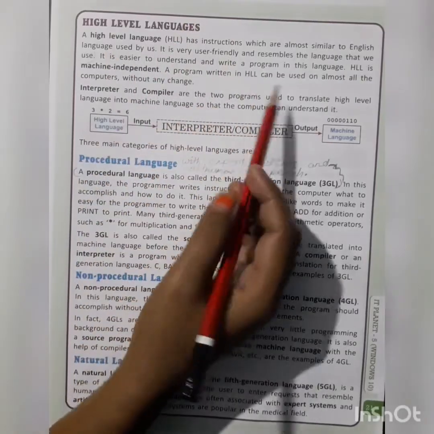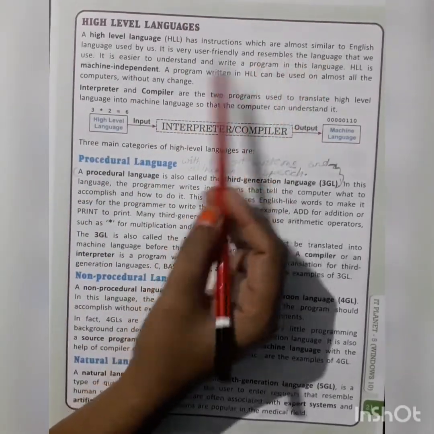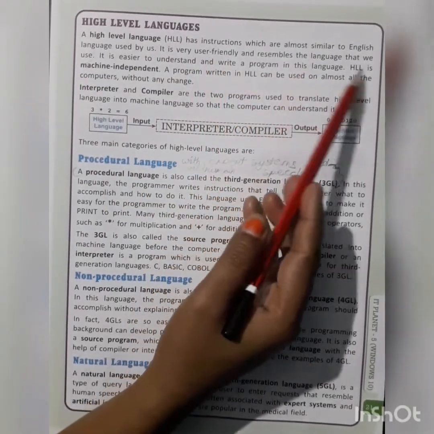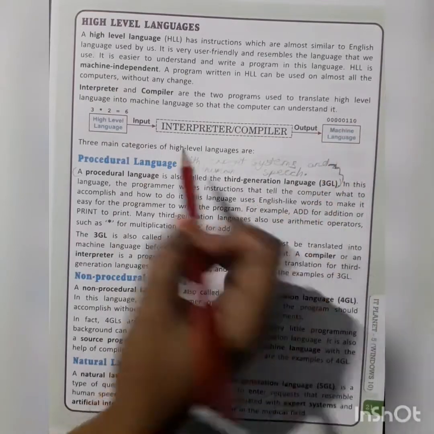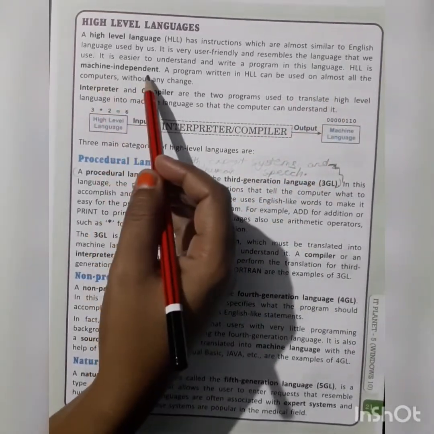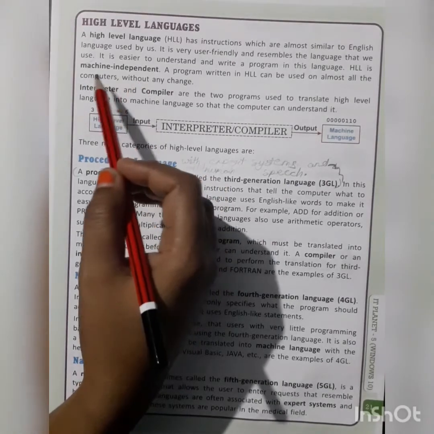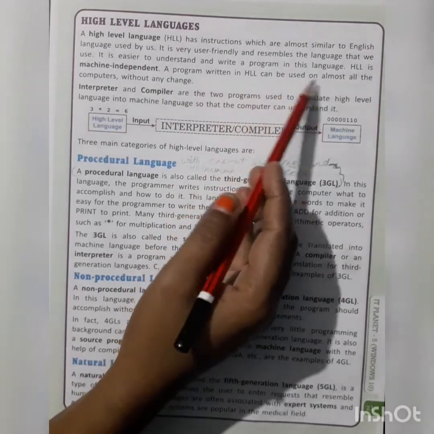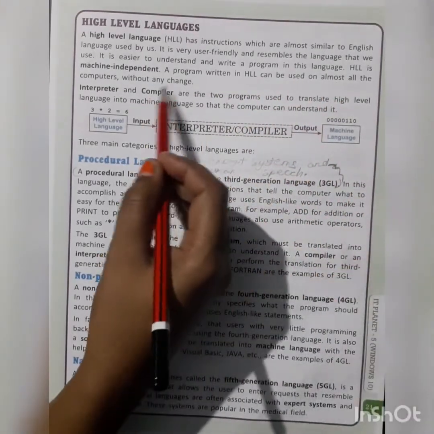A high level language has instructions which are almost similar to the English language used by us. It is very user friendly and resembles the language that we use. It is easier to understand and write a program in this language. It is machine independent. It is not dependent on the machine like the low level language. A program written in high level language can be used on almost all computers without any change.